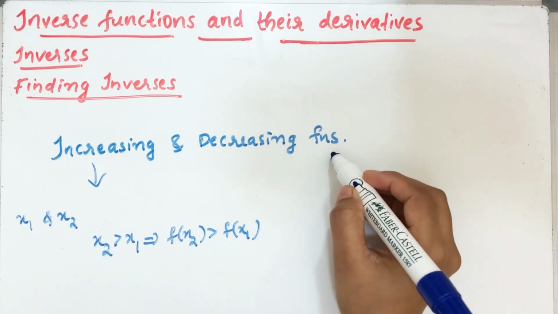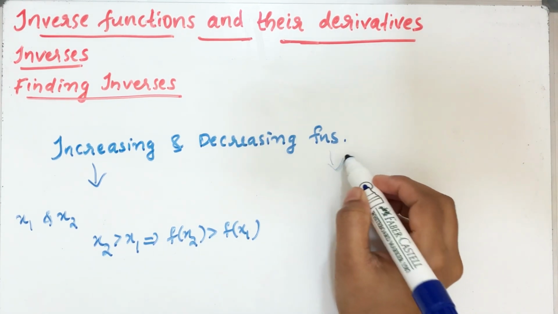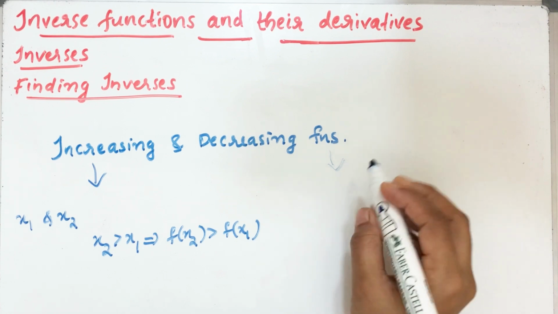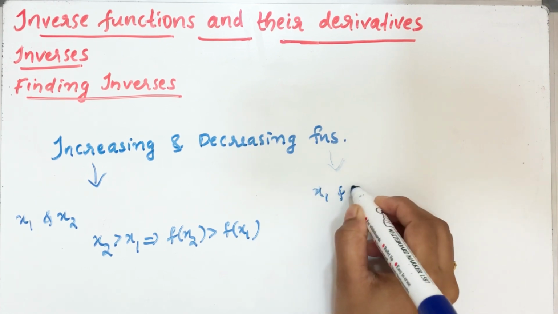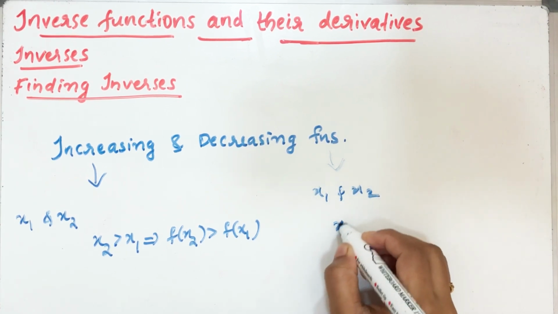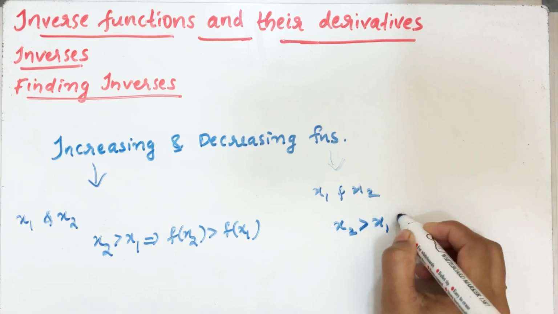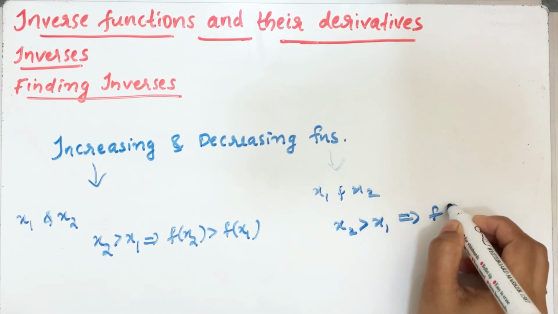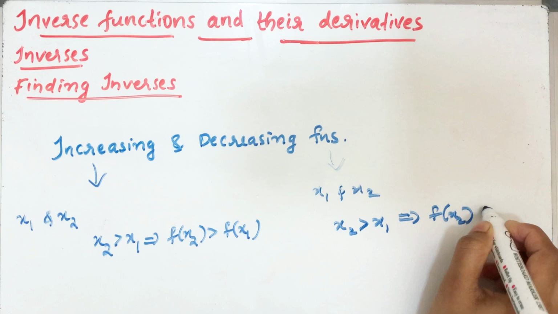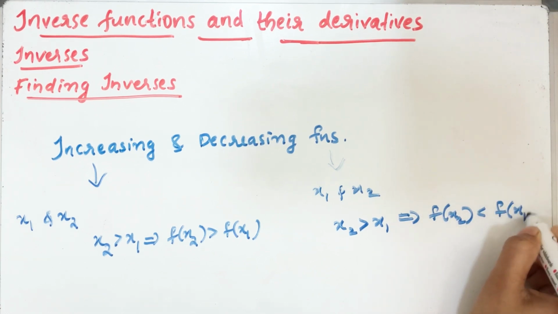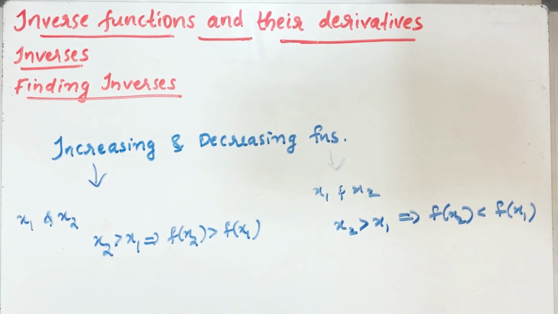And decreasing functions. A function decreases on I if for any two points x1 and x2 in I, x2 greater than x1 implies f of x2 less than f of x1. That is, whenever x2 is greater than x1, f of x2 is less than f of x1.